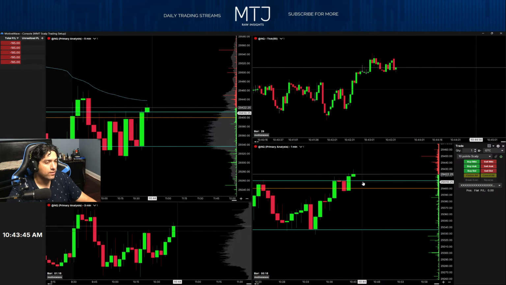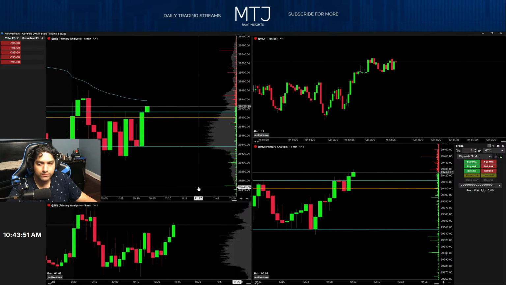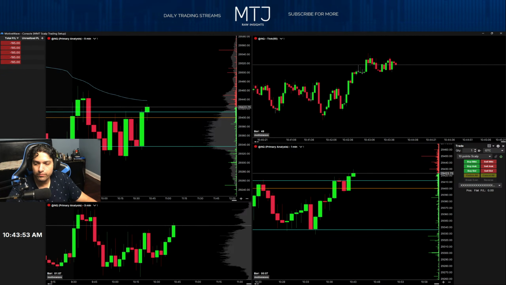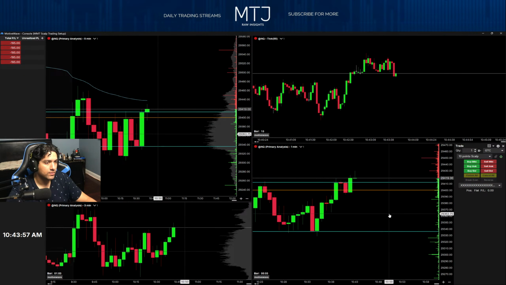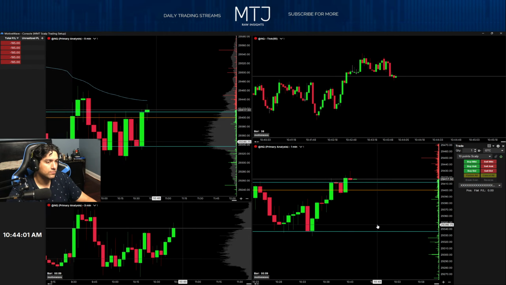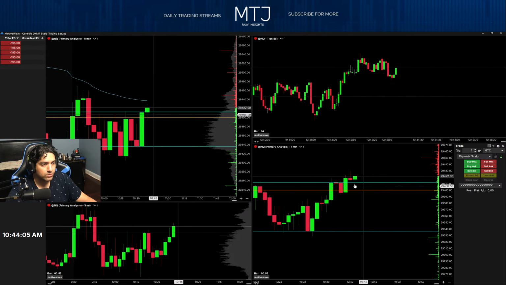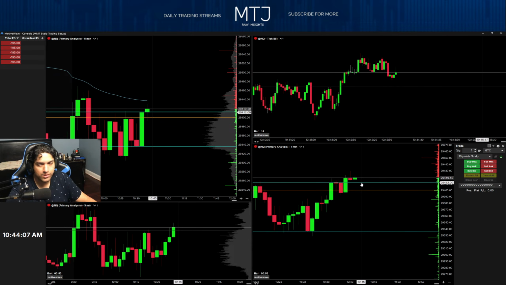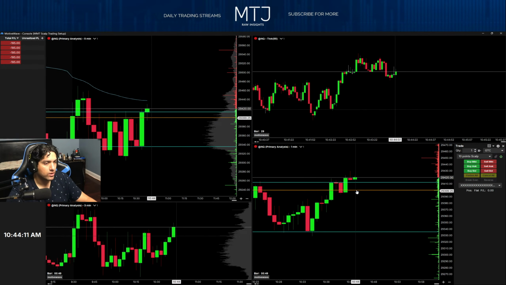If we hold with a wick here on that order block, I'd be thinking about it. Okay, we're holding there. We didn't put a wick necessarily, so I'm not going to take that trade, but we're holding. Can we put a wick onto the point of control?